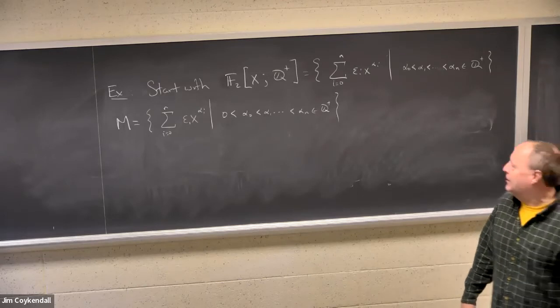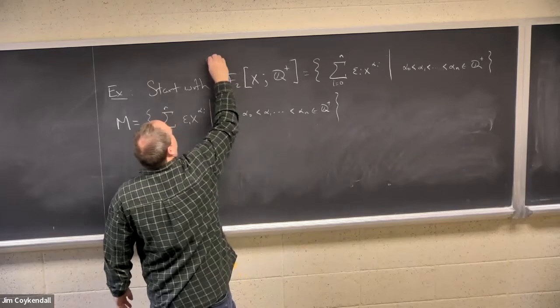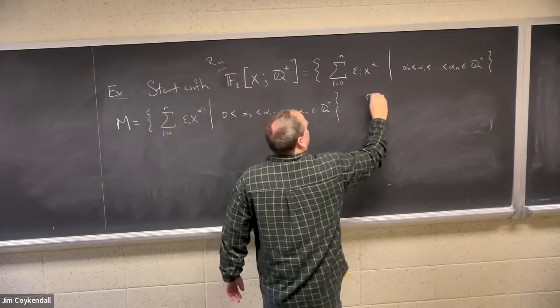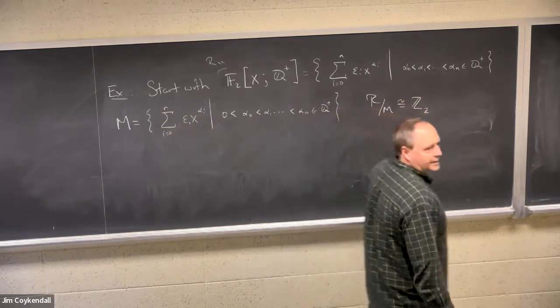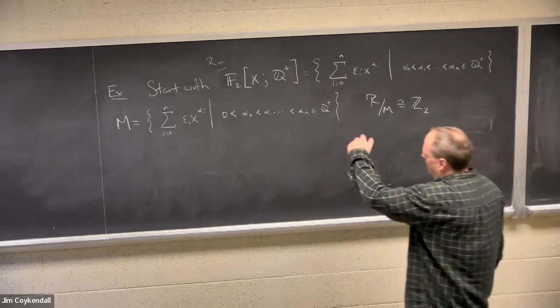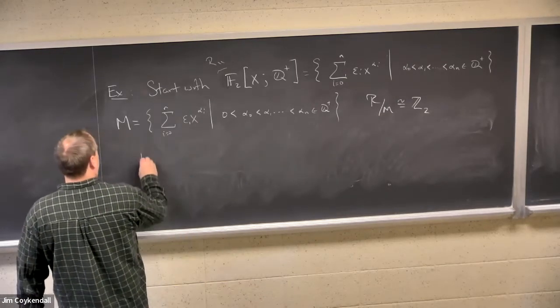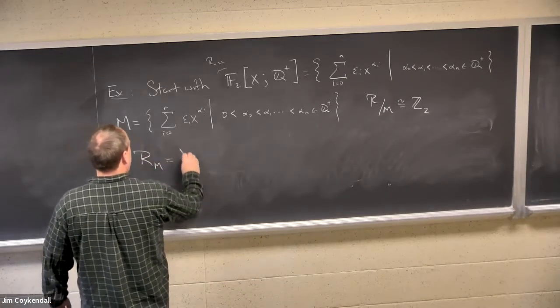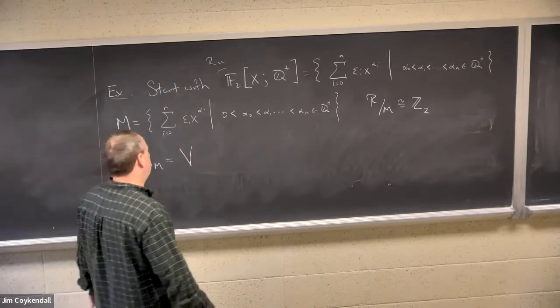It's fairly easy to see because if you look at this ring here, we call this R, you're letting all powers go to 0, so to speak. So this is a maximal ideal. The quotient is isomorphic to Z2 or F2, using that interchangeably here. And so this localization is a valuation domain.